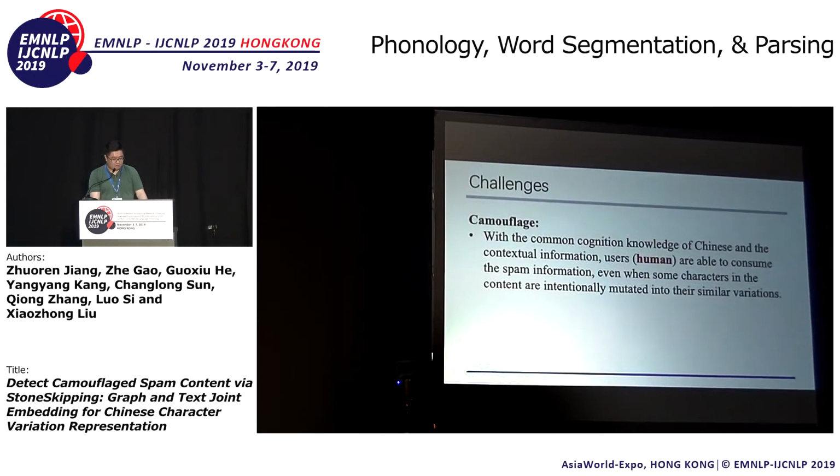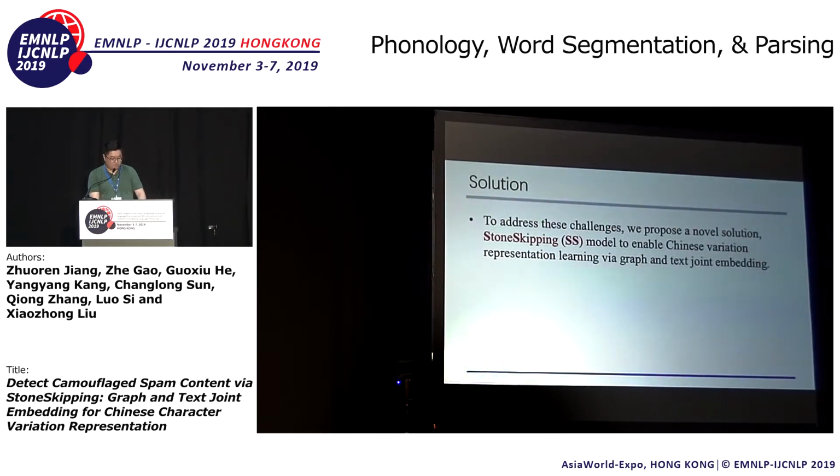With the common combination knowledge of Chinese and the contextual information, humans are able to consume the spam information even when some characters in the content are intentionally mutated into their similar variants. However, the variation-based spam texts are highly camouflaged for machines.